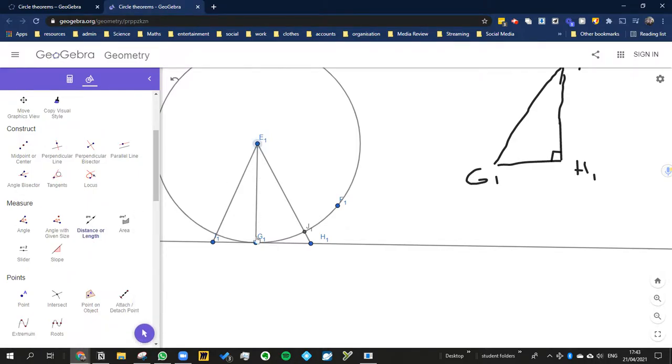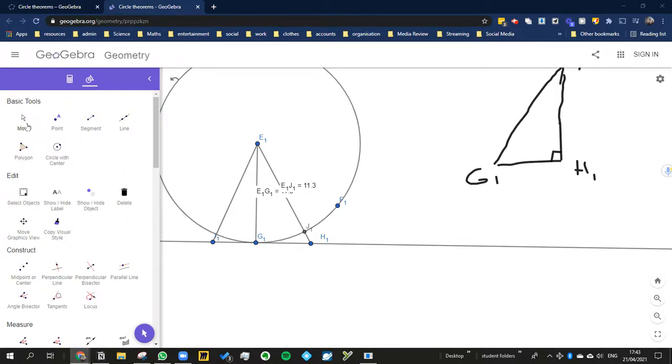So if I do that, 11.3, and the other one will also be 11.3, won't it? So there you can see they're both 11.3. Because that's the radius of the circle, the radius of the circle is 11.3. If I went from any two points, it's going to be 11.3.